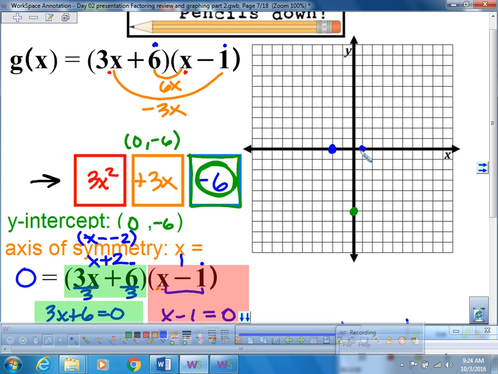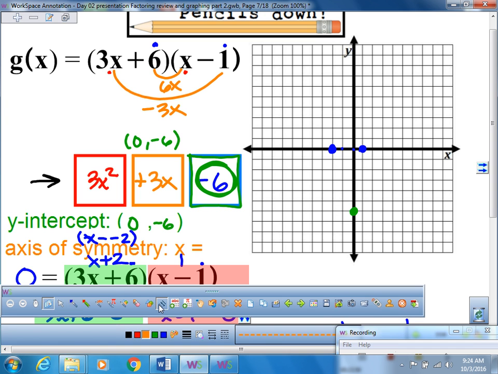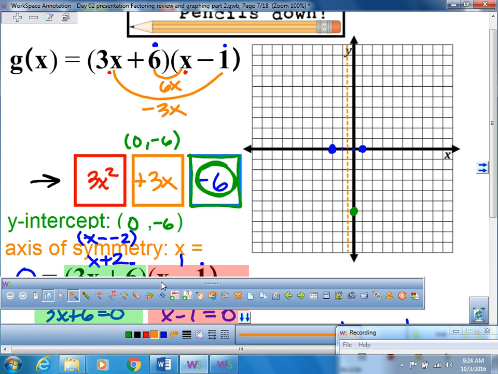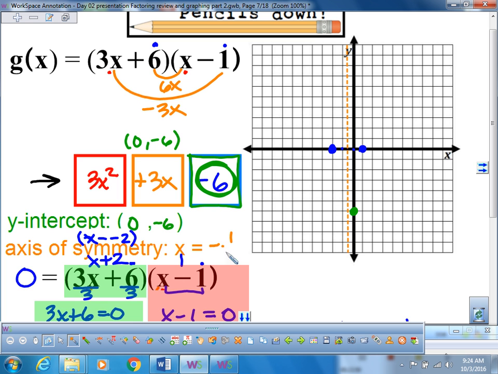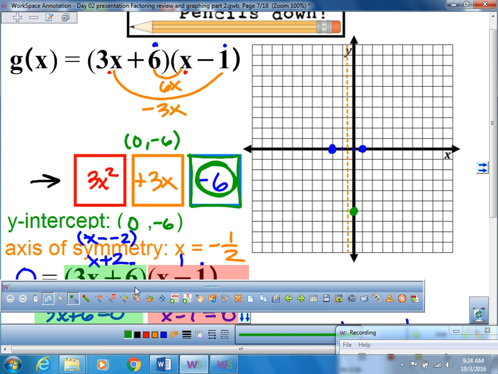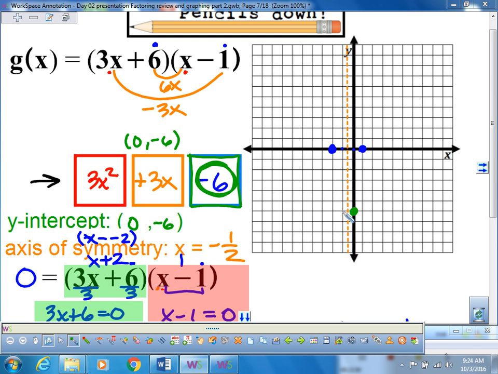So if I were to find my axis of symmetry, it's in between those. I would go over 1, and so my axis of symmetry is right in between those. It's negative 1/2. So axis of symmetry is negative 1/2. I've got all the pieces that I need because I know that that's symmetrical there.